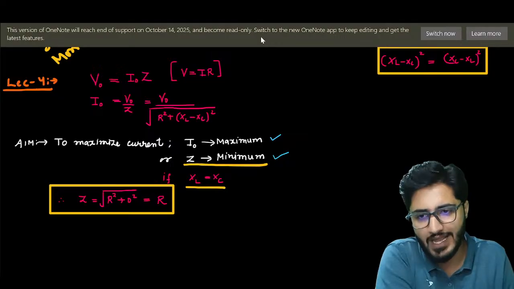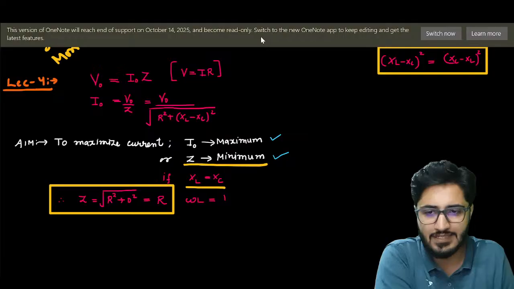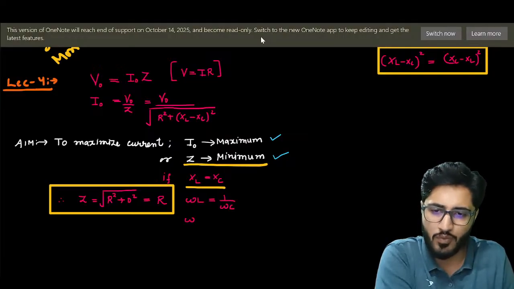What is XL? XL equals omega times L, and XC means 1 divided by omega times C. So I can write omega square equals 1 divided by LC, so my omega equals 1 divided by the square root of LC.